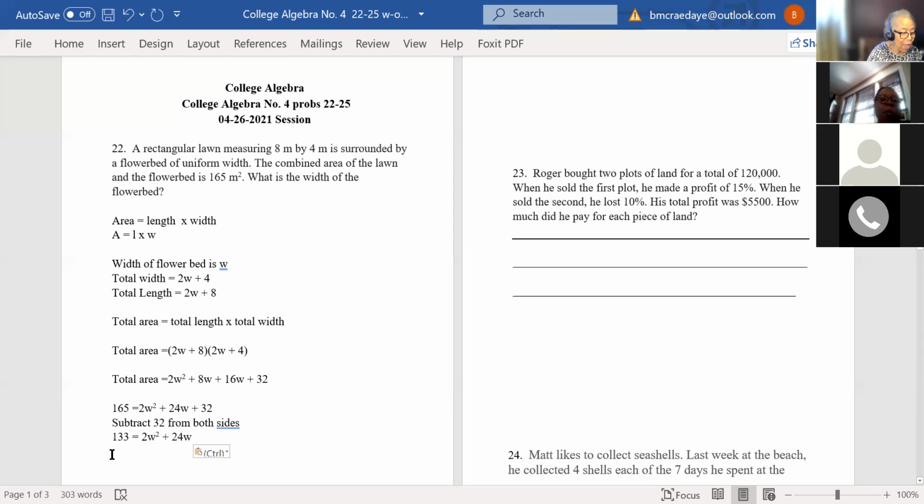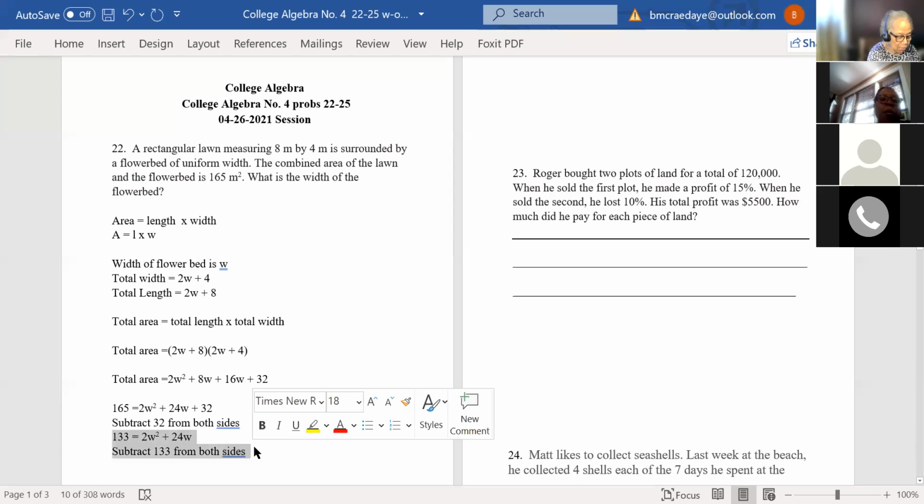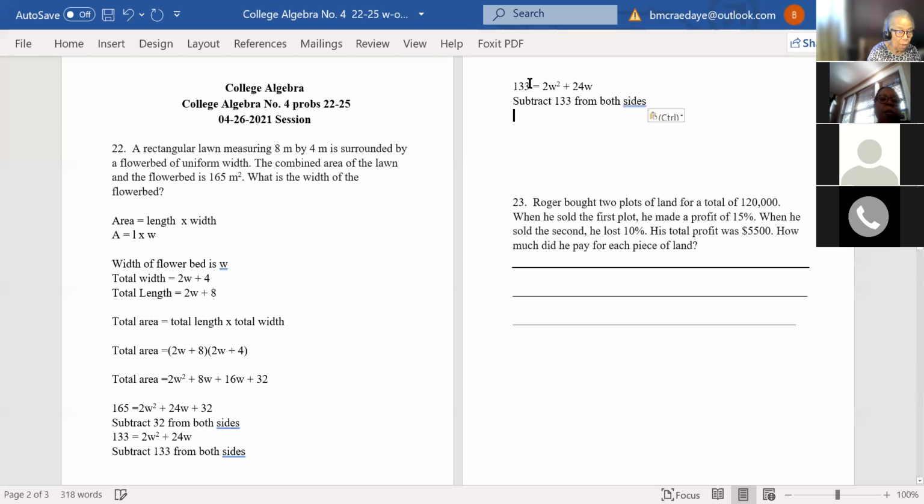Now, if we subtract the 133 from both sides, subtract 133 from both sides. Okay. Now, I'll just put this on the other side so we have enough room here. Okay, so subtract 133 from both sides.